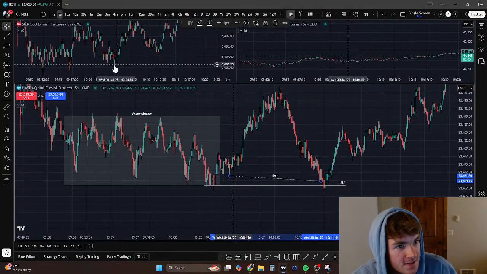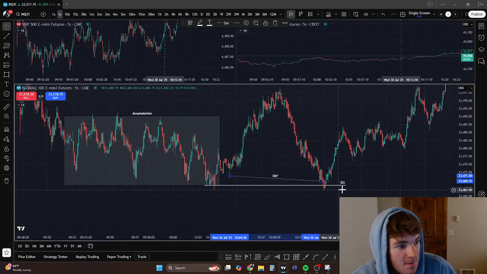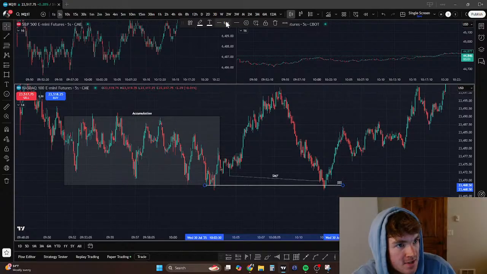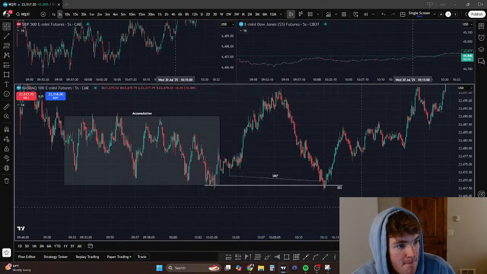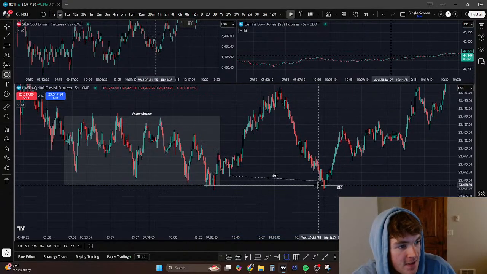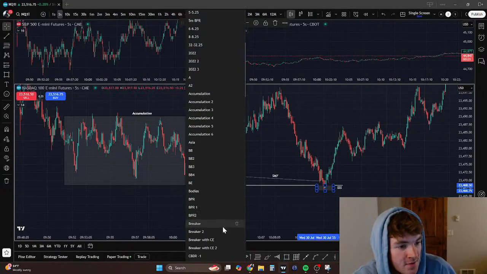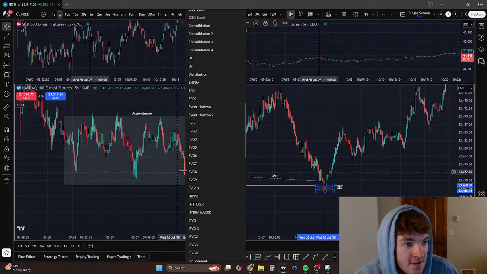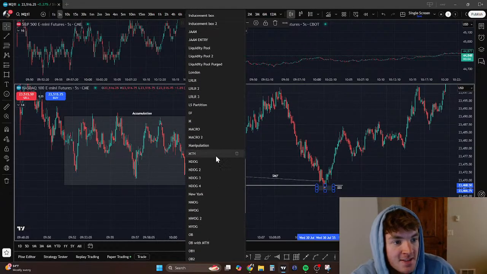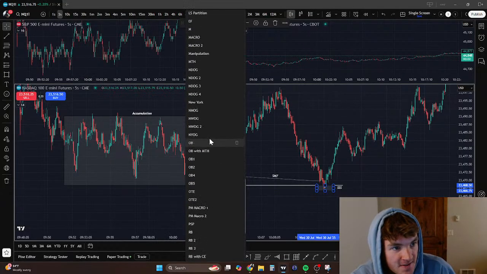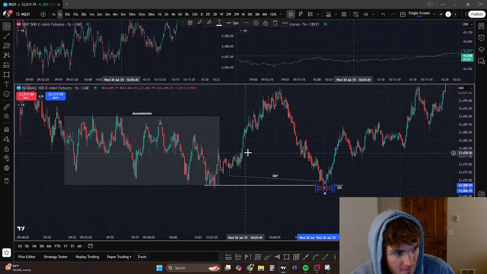Yeah, so look at this. S&T, accumulation, manipulation. This is obviously manipulation, right? If you know what you're doing, theoretically, you might not even need a key level, because you could literally just detect the AM and then catch the D with the change of state of delivery.